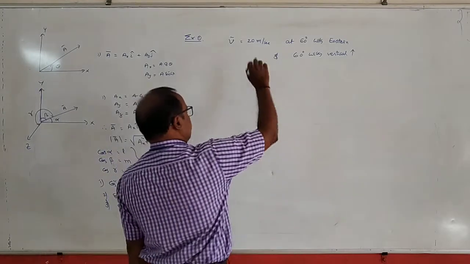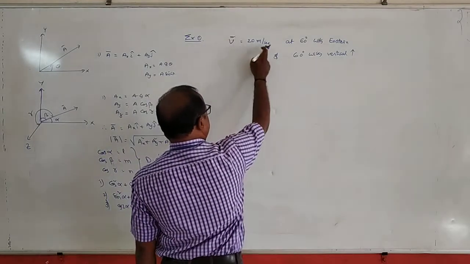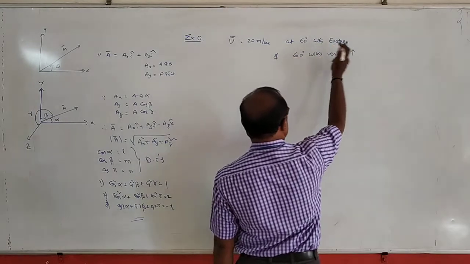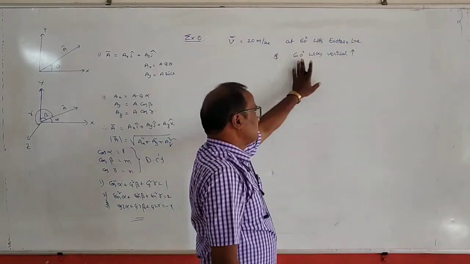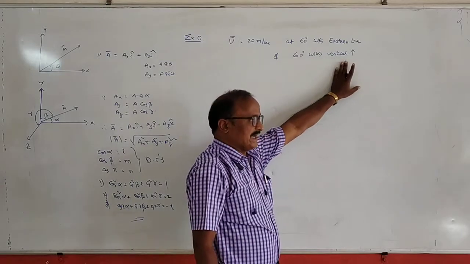A body is moving with a velocity of 20 meters per second at an angle of 60 degrees with the eastern line, and it makes an angle of 60 degrees with the vertically upward line.